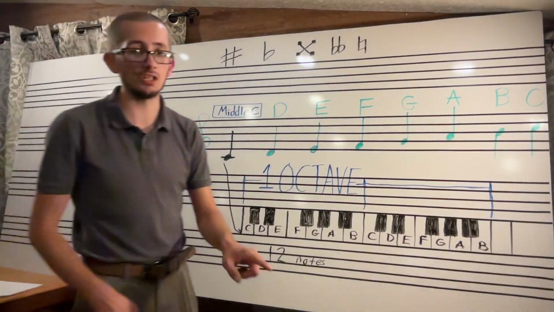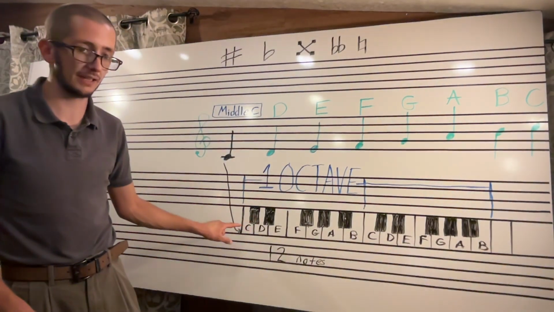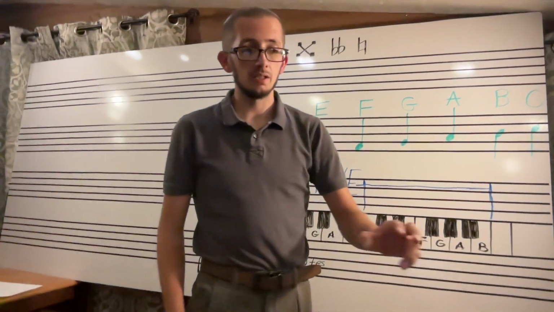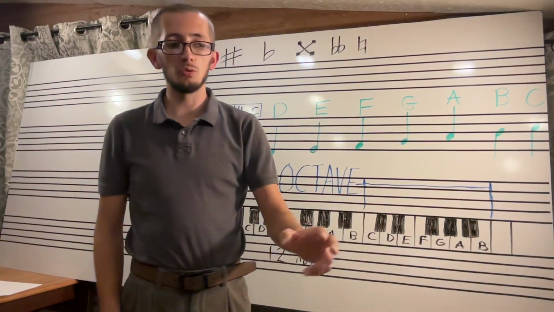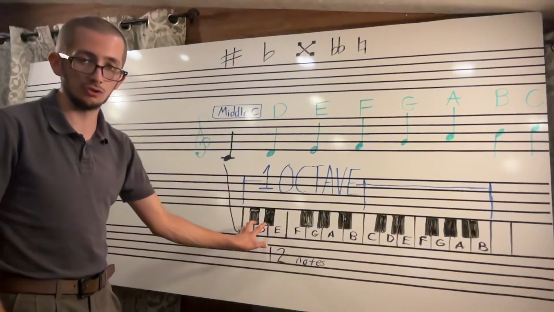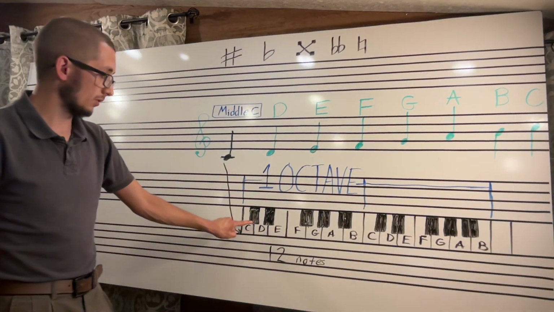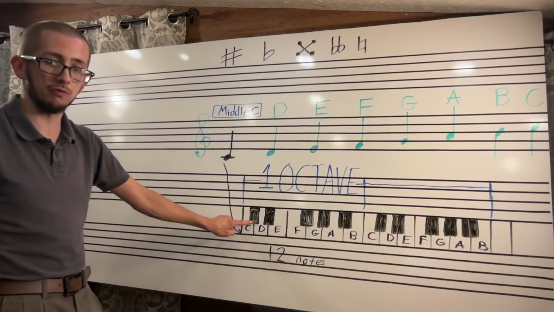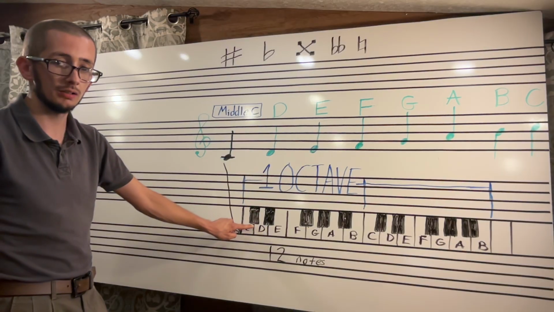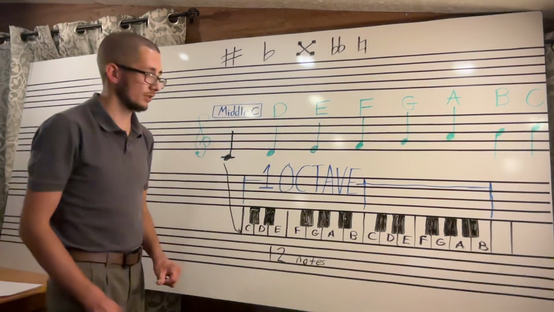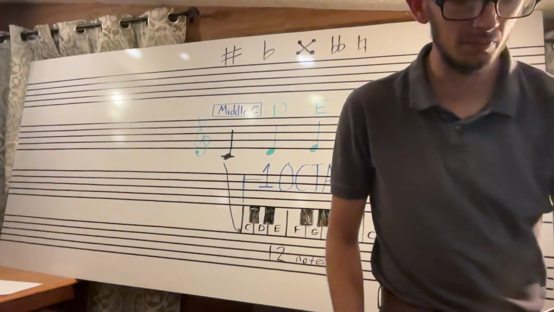Find that first C below the first grouping of 2 black keys, and then count up to the 4th grouping of 2 black keys, and then 1 pitch before that black key will be middle C. So this is middle C right here on the piano.